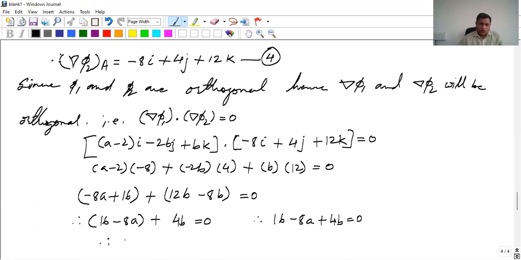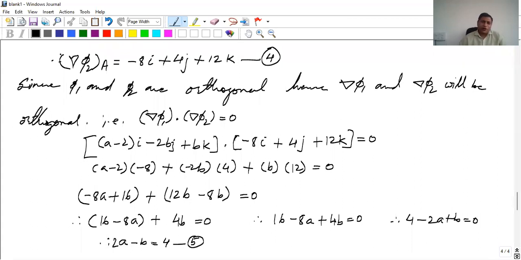If I cancel 4, what I'll get is 4 minus 2A plus B equal to 0. So I can write this as 2A minus B equal to 4. This is the next equation, equation 5. We got now 2 unknowns and 1 equation.